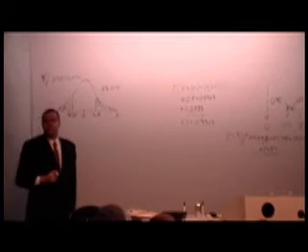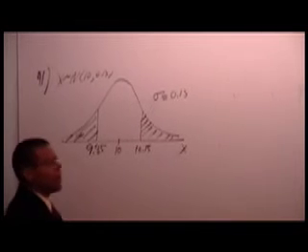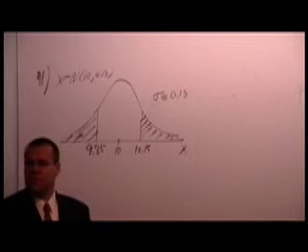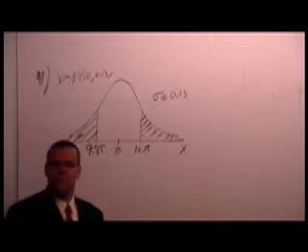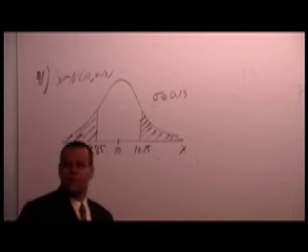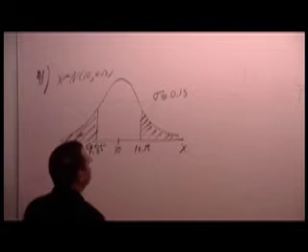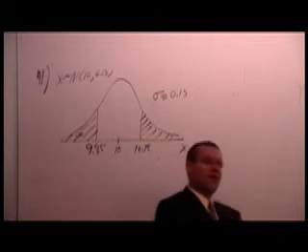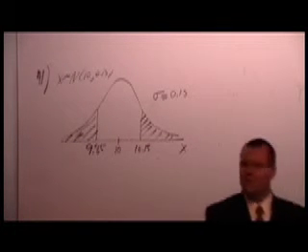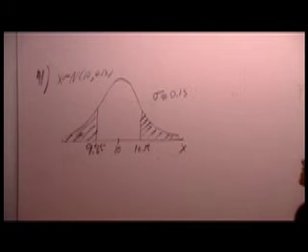Now, how do we find the probability of a defect? Excellent. I got a lot of good suggestions, and if we put them all together, we pretty much have the answer.